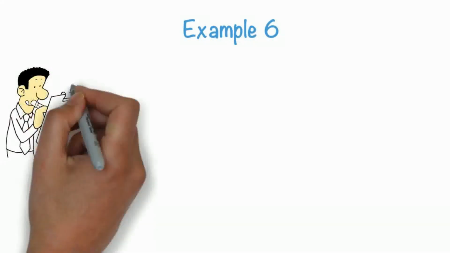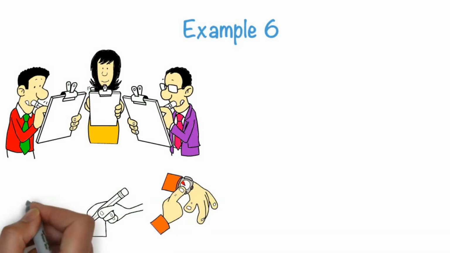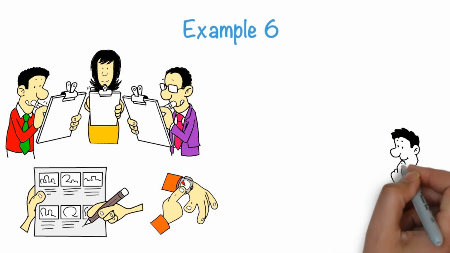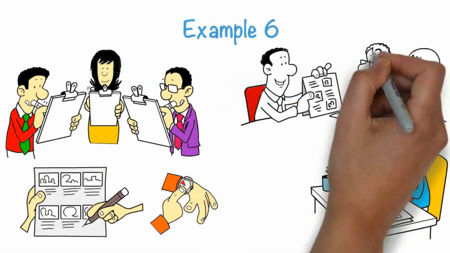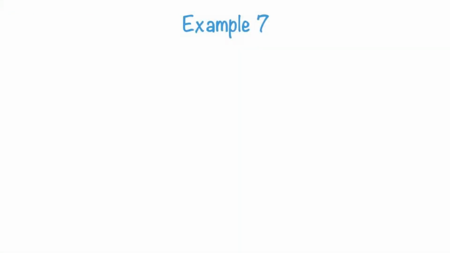Example 6. You process claims requests and spend a considerable amount of time on verifying each claim. You can predict the likelihood of a claim getting rejected based on similar past experiences without even going into details. Example 7.